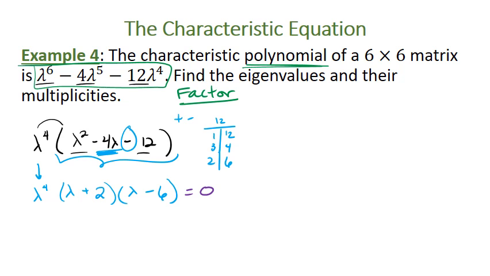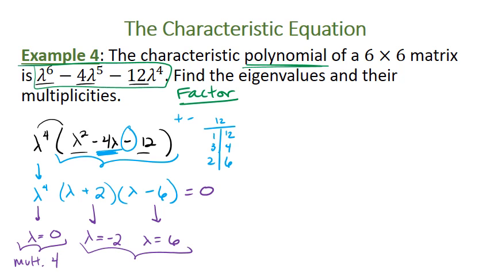Well, lambda to the 4th equals 0 is when lambda is equal to 0. Lambda is equal to -2, and lambda is equal to 6. This has a multiplicity of 4, where each of these have a multiplicity of 1, since these have an exponent of 1 and this has an exponent of 4.